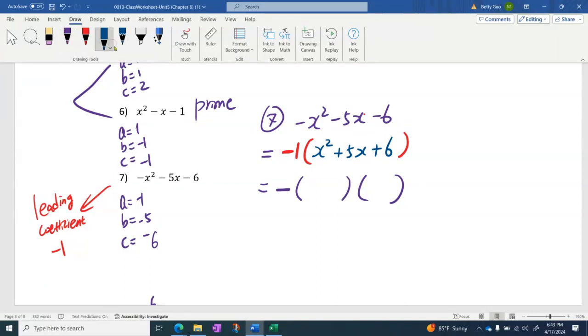When we factor x squared plus 5x plus 6, the shortcut method applies because the leading coefficient is 1. The shortcut method applies when the quadratic trinomial has leading coefficient 1. Now you can apply the shortcut method, and let me know what you have.